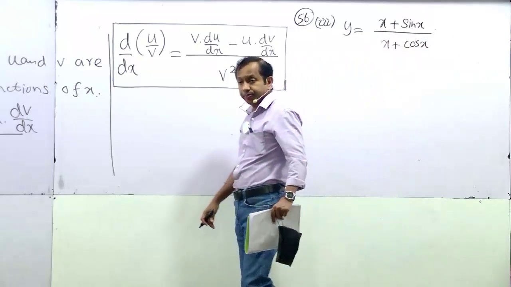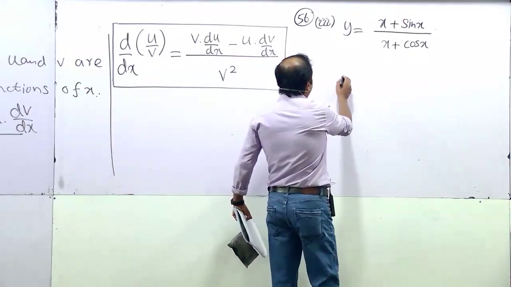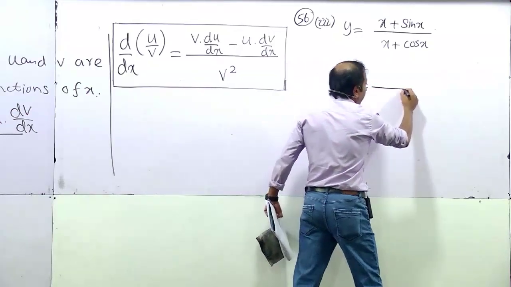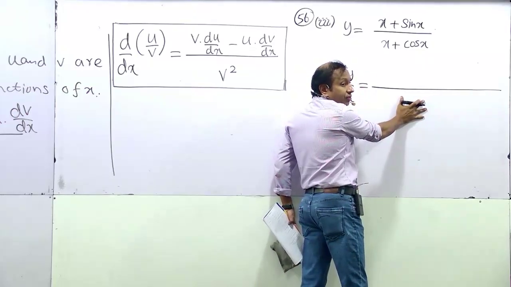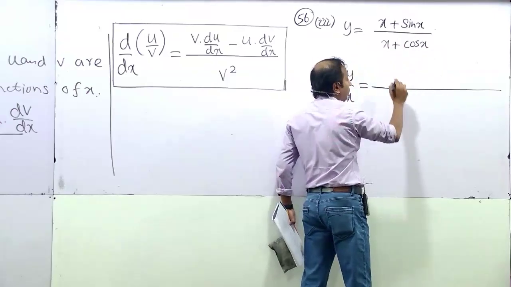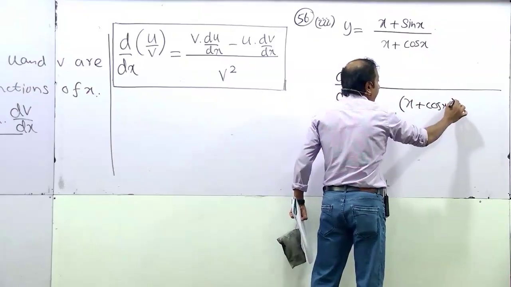Hurry up, start that dy over dx. The denominator of dy over dx is the square of the given denominator. Square this, x plus cos x, perfect square.